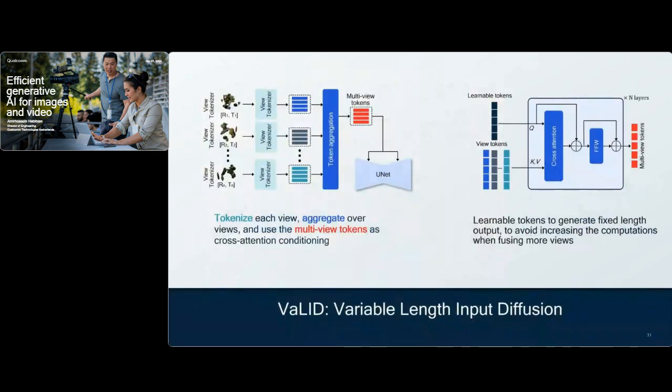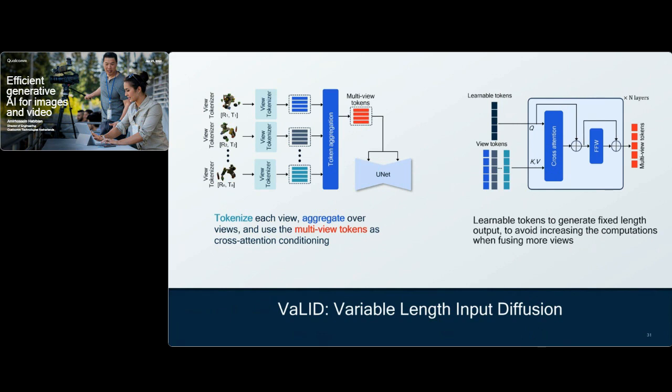Here I illustrate our pipeline to support variable-length input. We call our model VaLID, an abbreviation of variable-length input diffusion. We first tokenize each of the source views. We have a bunch of source views, and each of them is tokenized by passing through a visual embedding.